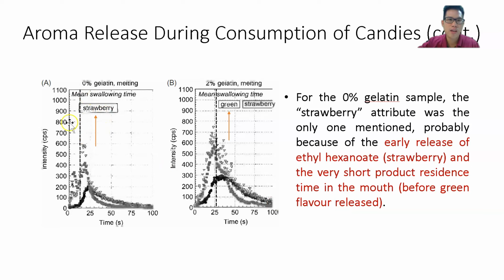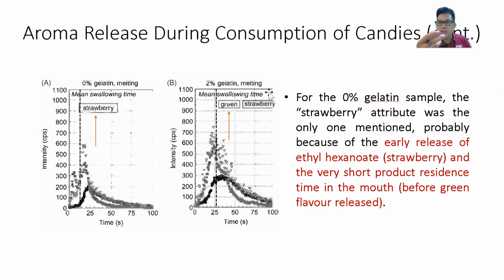So you can see that they taste only strawberry if the gelatin is very low, because the strawberry flavor can be perceived earlier and detected faster. Probably it has to do with the flavor molecule properties. Whereas if you increase the gelatin a bit to 2%, because of the slightly longer residence time in your mouth, they can start to detect the green flavor before the strawberry.